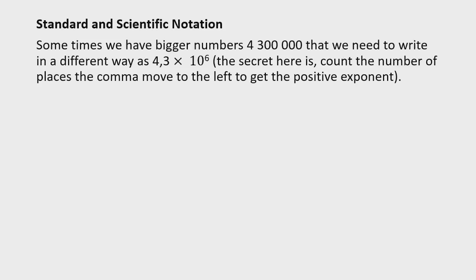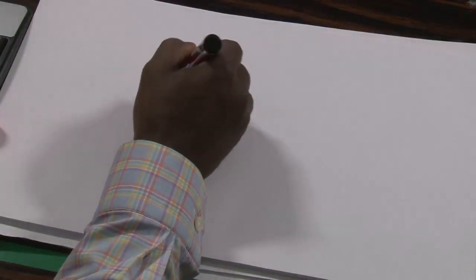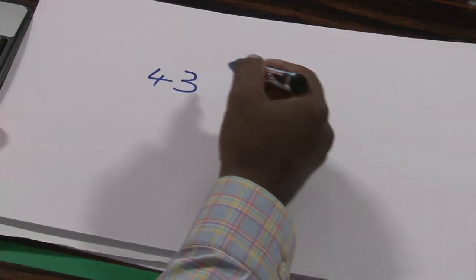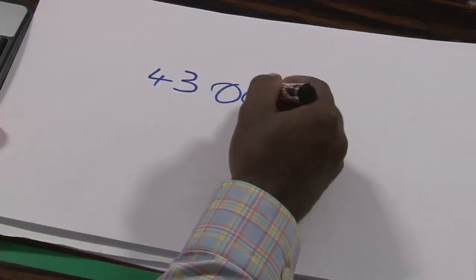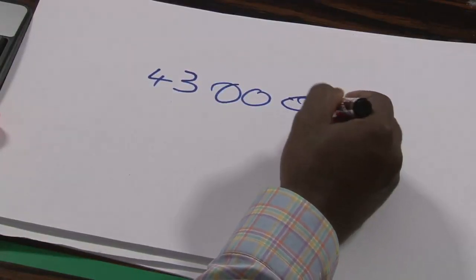Now, where is this 6 coming from? The secret here is that you count the number of places the comma moves to the left to get to the position. So, for example, when you look at this one, you have 4, 3, 0, 0, 0, 0, 0.